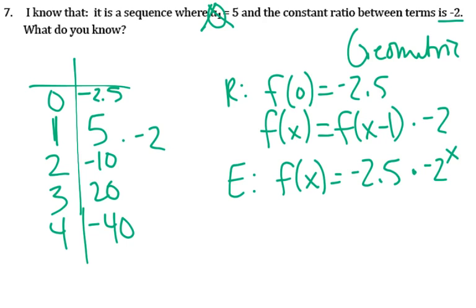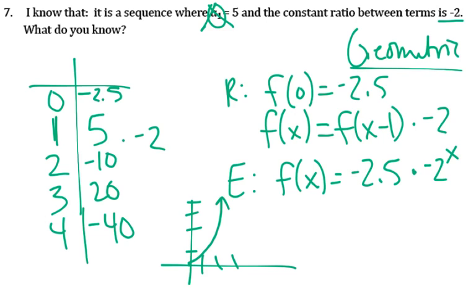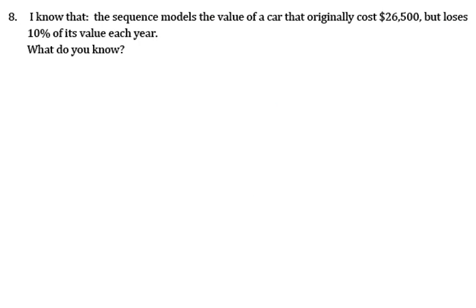Then what else could we say? We could graph it. The thing with geometrics is the graph is going to need to curve. Okay, so it curves something like that. And you'd obviously have your points and whatnot here. Okay, there we go.